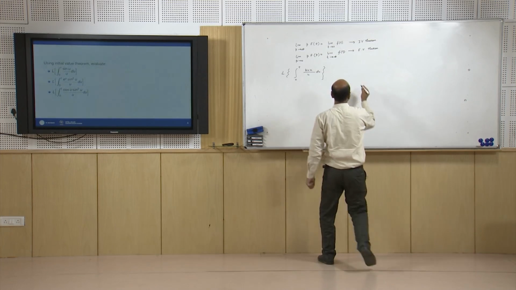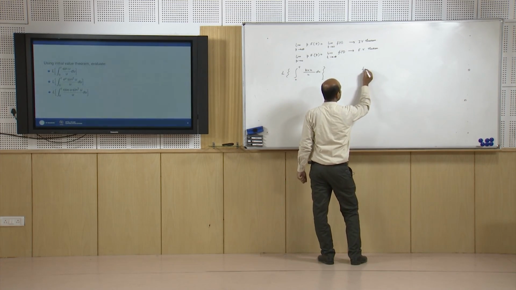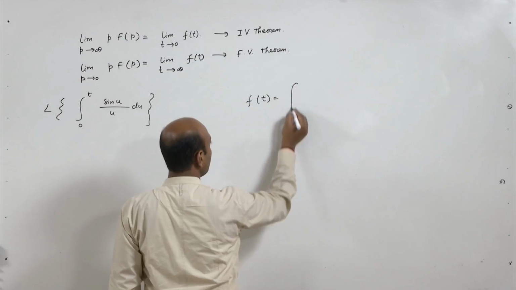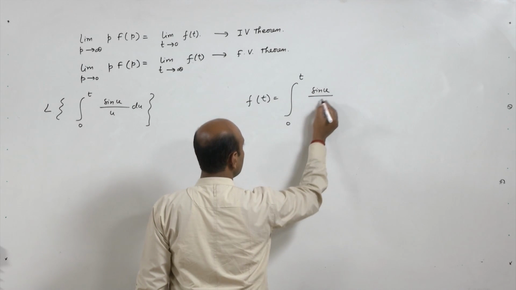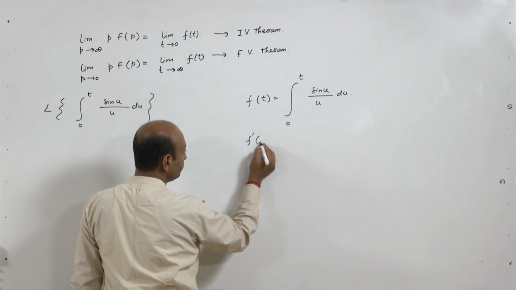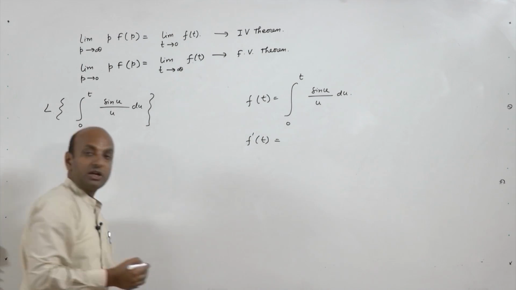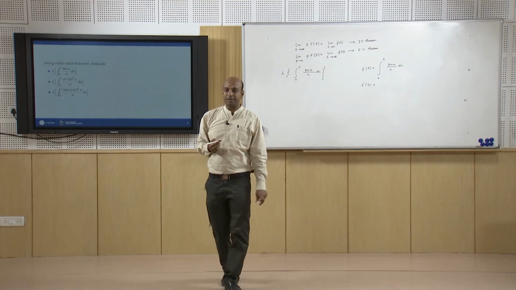So let us call this whole function f(t). So f(t) is equal to integral 0 to t of sin u upon u du. So what is f dash t, the derivative of f with respect to t? We can find that using Leibniz theorem.